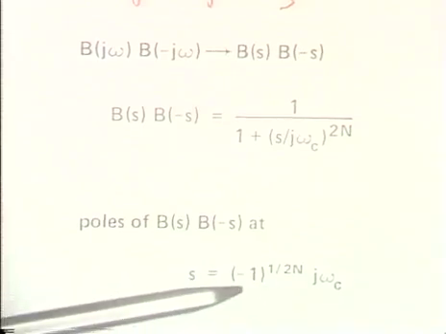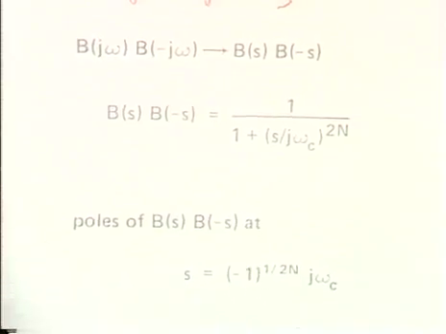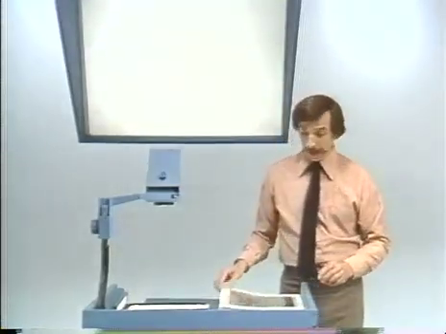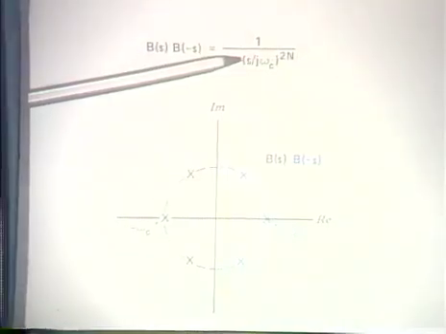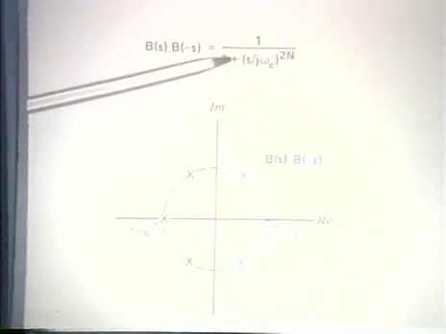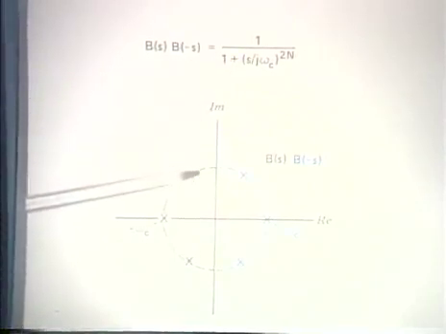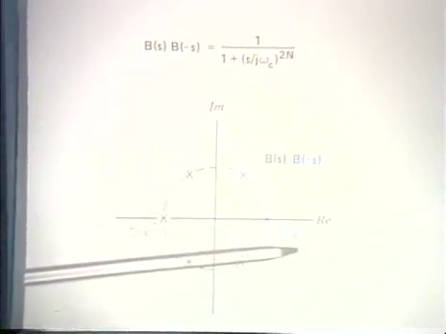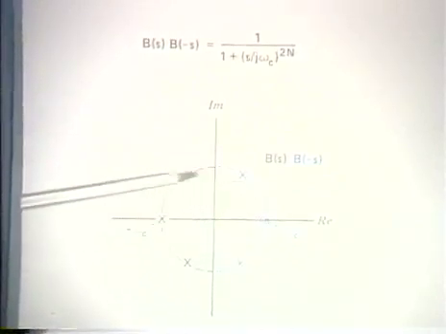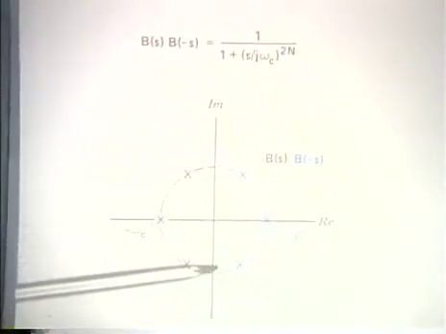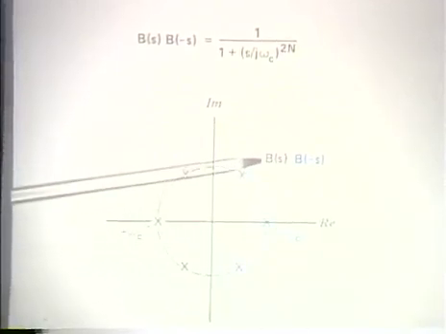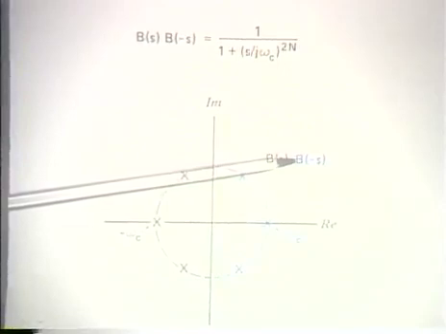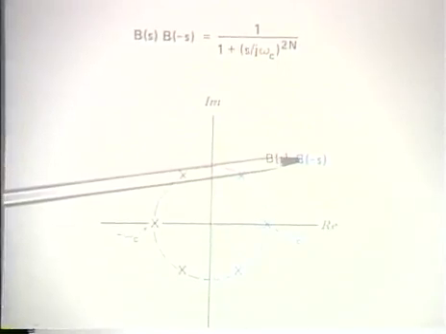Those roots, in fact, all lie on a circle, and the consequence is that the poles of this expression are on a circle. The circle is of radius omega sub c, and the poles are distributed around the circle. Here I've illustrated the poles of B of s times B of minus s for the specific case where capital N is equal to 3.